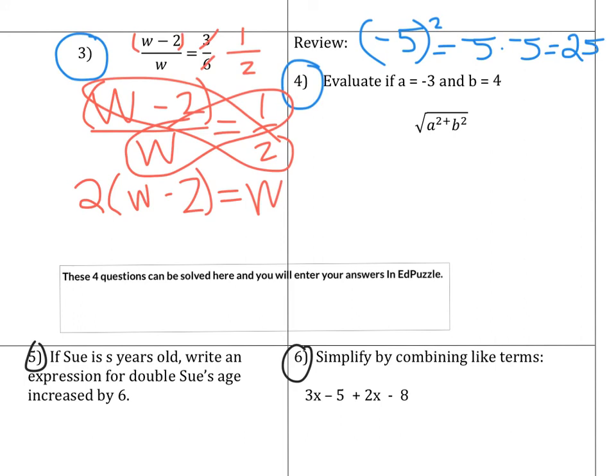So make sure when you're evaluating, you put those negatives in parentheses. Number 5 says if Sue is S years old, write an expression for double Sue's age increased by 6. You're given that Sue is S years old, so write the expression for that. Number 6, you're just simplifying by combining like terms.